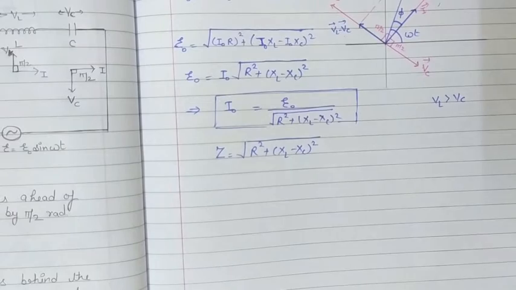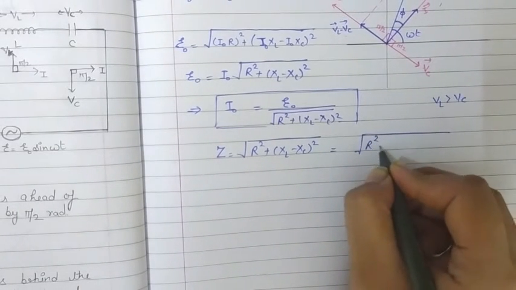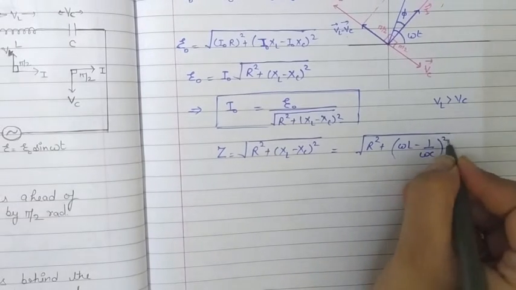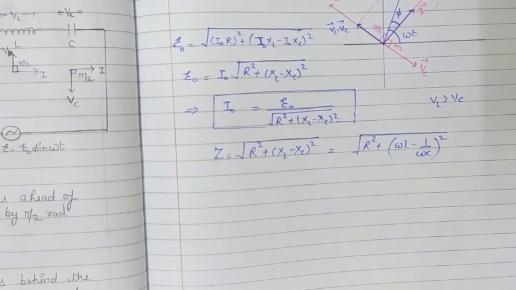If we substitute the values of XL and XC, then we get under root R square plus omega L minus 1 upon omega C whole square. This is the impedance. Its SI unit is ohms because it's an opposition, and this shows the relationship between the resistance, inductive reactance and capacitive reactance for the circuit.